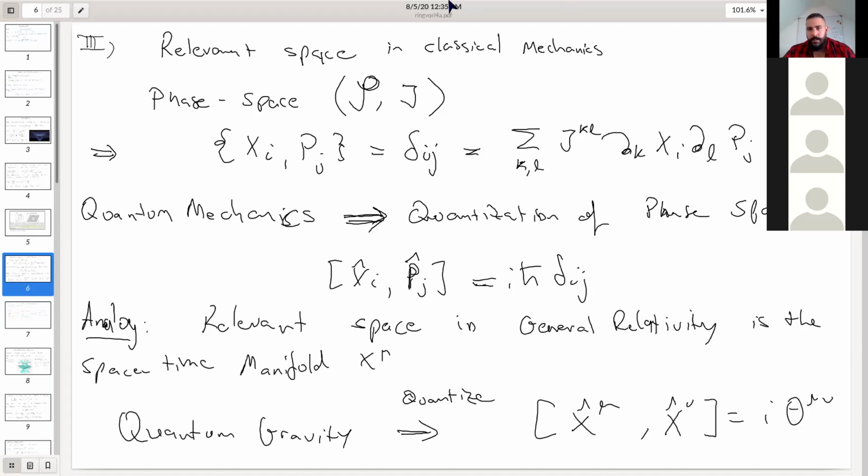If we want to do the same to gravity as we did to classical mechanics: in classical mechanics, to go to quantum mechanics, we did this quantization procedure of the relevant space. If we want to quantize gravity, the same has to be done here. We take the relevant space in general relativity, which is the space-time manifold, and quantize that. The easiest quantization is one where you have [x^mu, x^nu] equal to i theta^{mu nu}.